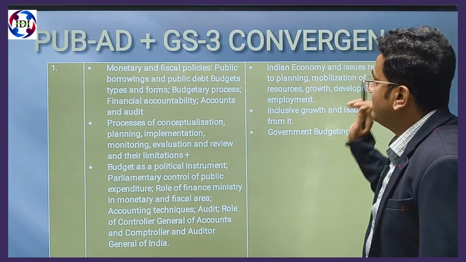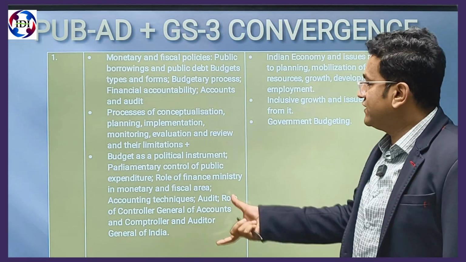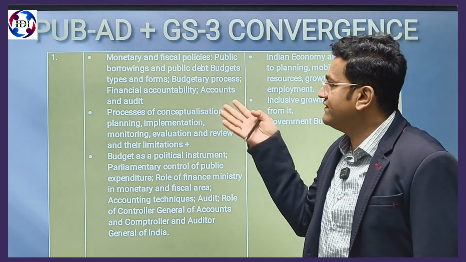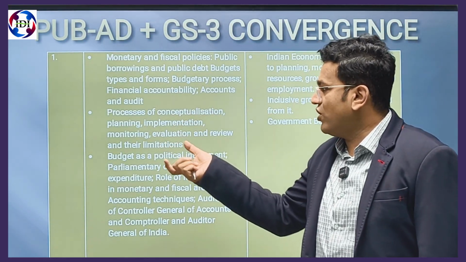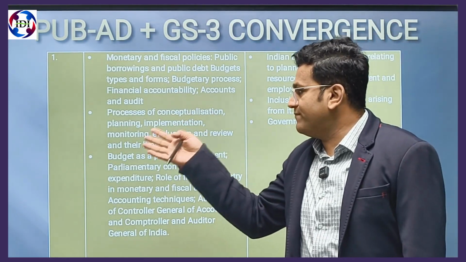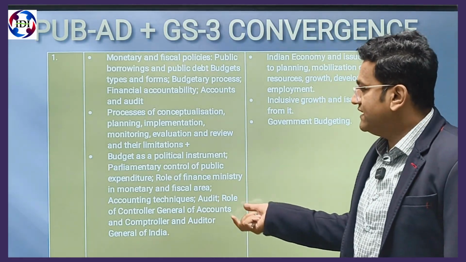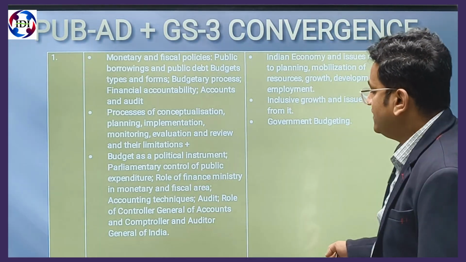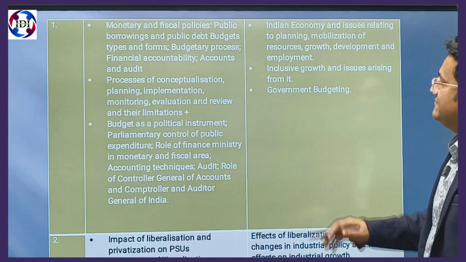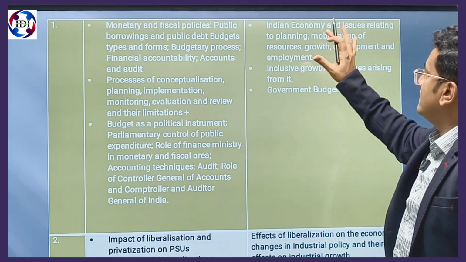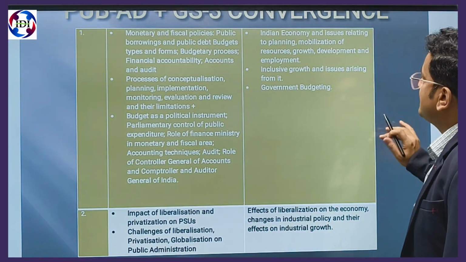PubAd plus GS3 convergences. Now in terms of economy, the convergence lies in monetary and fiscal policies, then budgets, financial accountability, audit, etc. Then processes of planning, etc. Then role of CAG and Comptroller General of Accounts. Here in Indian economy, broader portions are mentioned, but the syllabus is the same.